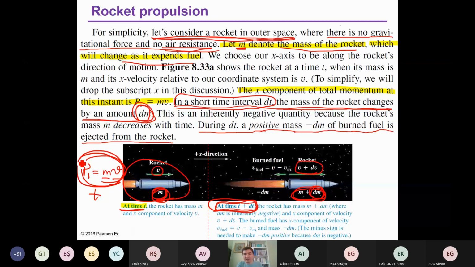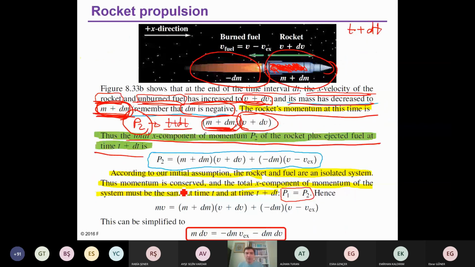But after dt, we have the momentum of the burnt fuel and the momentum of the rocket with new velocity and new mass. So P2, the total momentum of the rocket plus ejected fuel at time t plus dt. What is this? This is the momentum of the rocket.